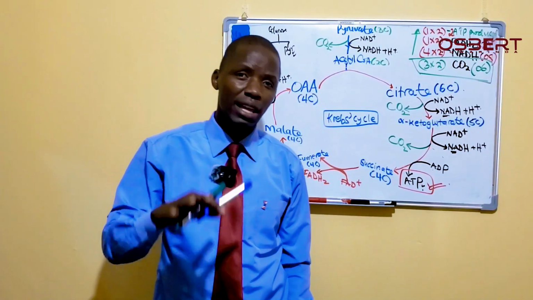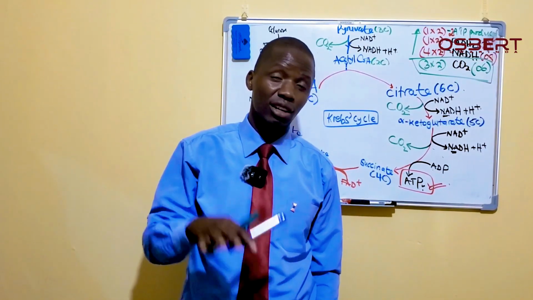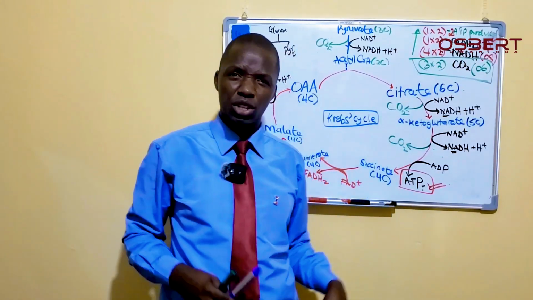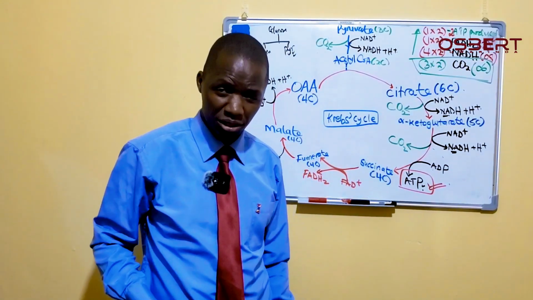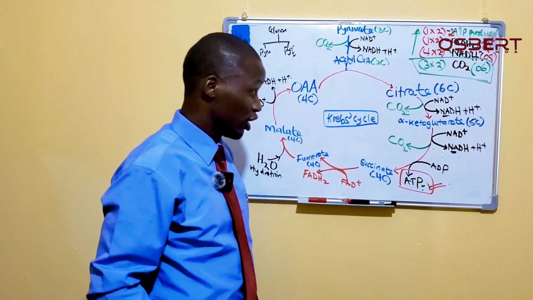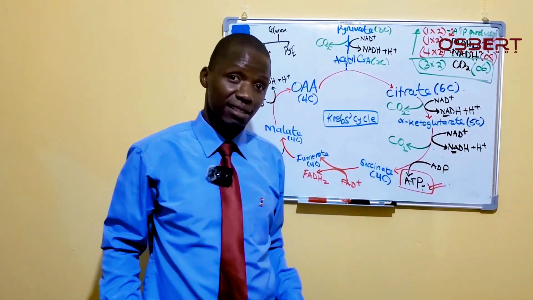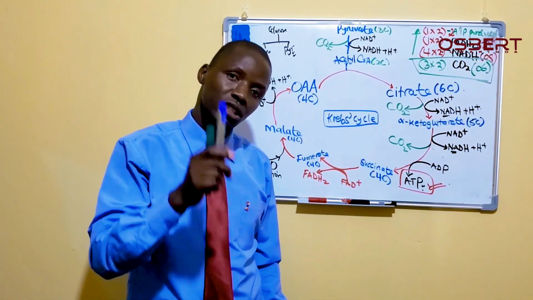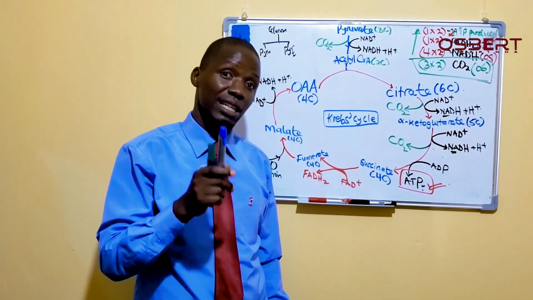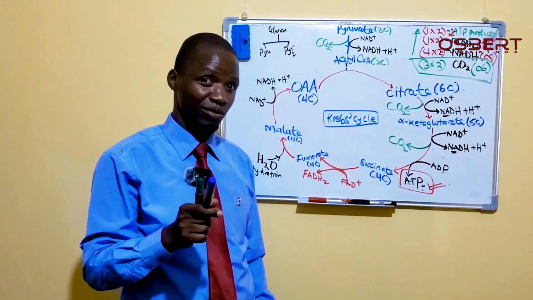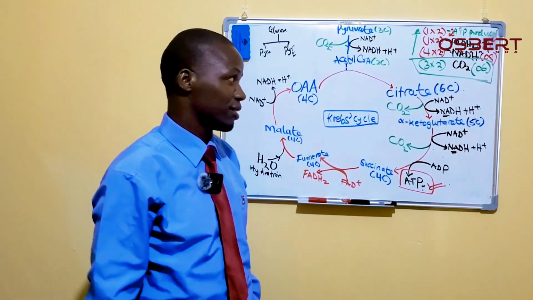Teacher, why are you emphasizing the NAD and the FAD? Which role do they have? Any serious role apart from helping us to remove hydrogen and electrons from these reactions? Yes, those molecules have an important role that we are going to see as we progress. So please keep watching and look out for all the other episodes.